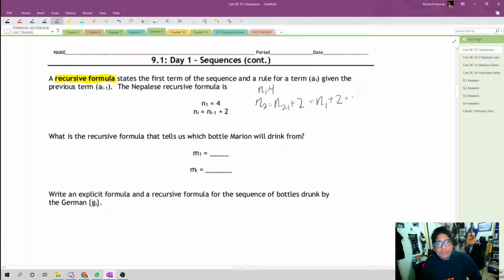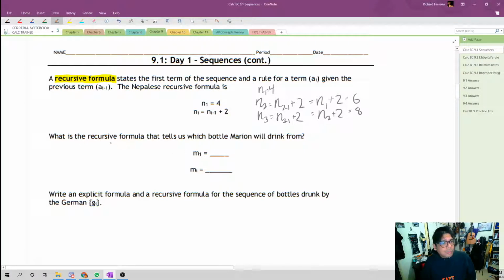N1 was 4, so that gives us 6. N3, that's going to be N(3-1) plus 2, which is N2 plus 2, or 8. And notice if I wanted to get to N10, that's going to be a very long crawl all the way through 10 terms. There's no way to kind of shortcut. You need to do this sequentially.